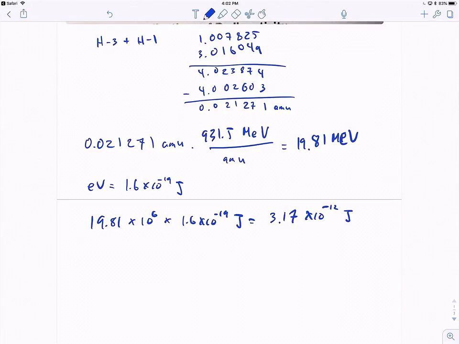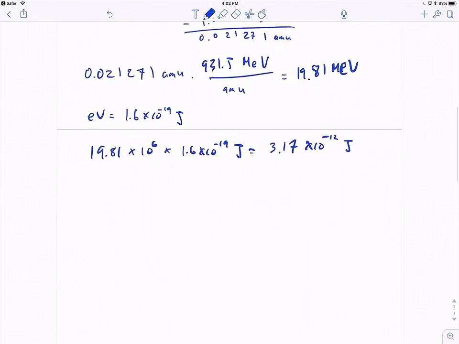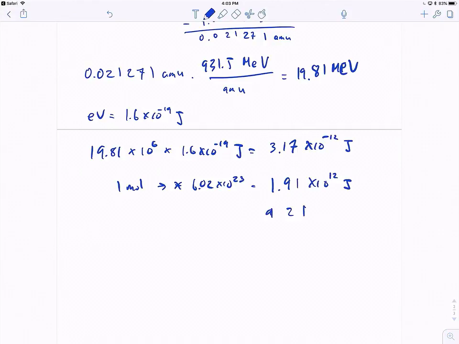So you're like, wow, that's nothing. But that's for one. For 1 mole, you multiply by 6.02 times 10 to the 23rd. And so this becomes 1.91 times 10 to the 12 joules, or 2 trillion joules.